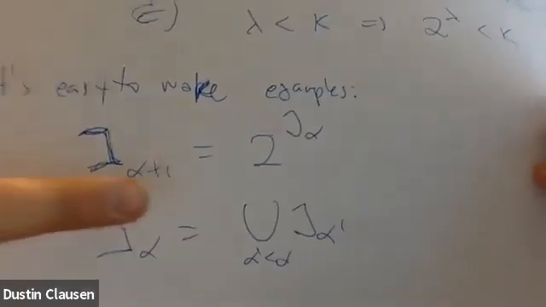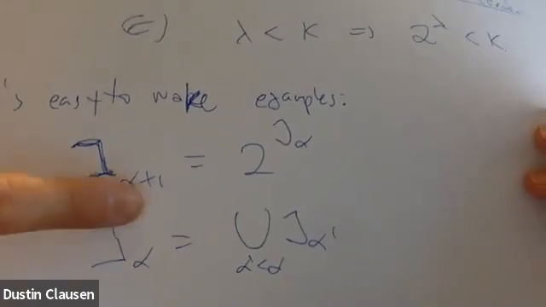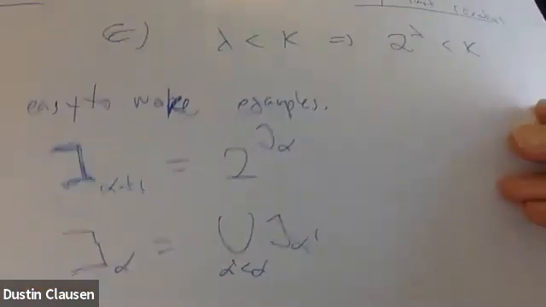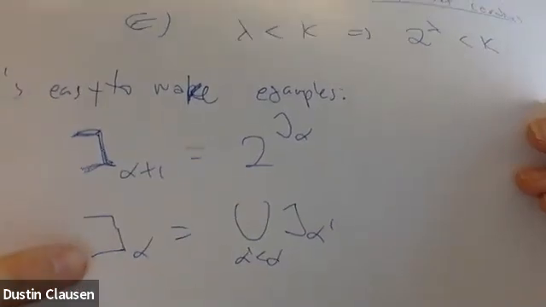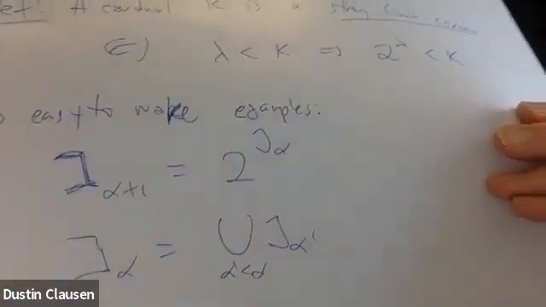So if you've got a successor, then your Beth is the power set of the Beth of the previous one. And if you're a limit ordinal, then you take the union of the previous Beths. In this case, this will be a strong limit cardinal. The first strong limit cardinal you might want to consider, well, depending on your conventions, aleph naught is also a strong limit cardinal.